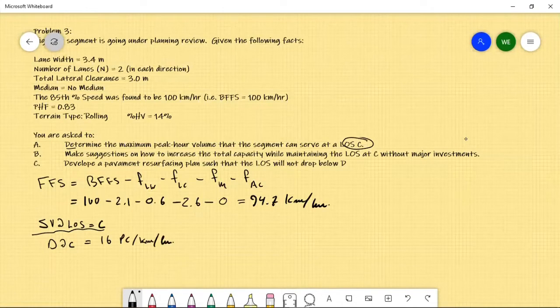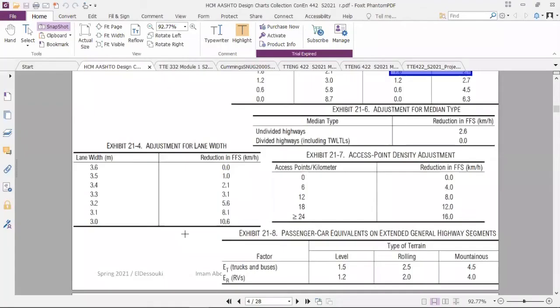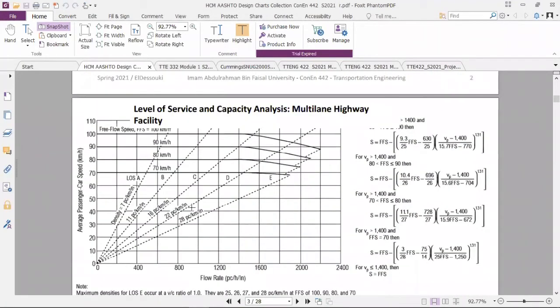Okay, so here our speed is how much? If we continue, we can get the maximum volume that can be served at level of service C. So let's just grab this figure and try to work with it.